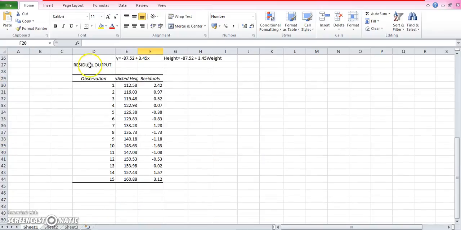So now this is the residual output. The residual output shows the difference between the actual data and the predicted data. We need to know this because the residual shows how far the actual data points are from the predicted data points.